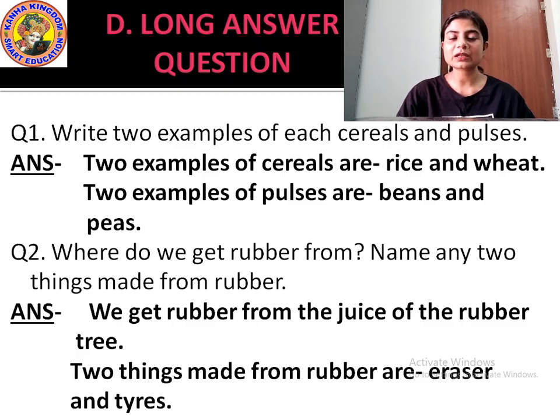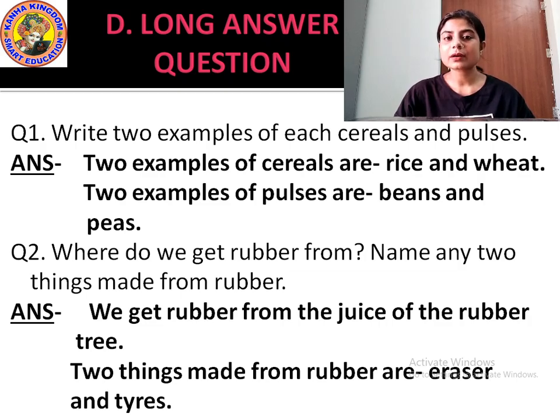Okay? I will repeat once again. Question number 1. Write two examples each of cereals and pulses. Answer: two examples of cereals are rice and wheat. Two examples of pulses are beans and peas. Question number 2.